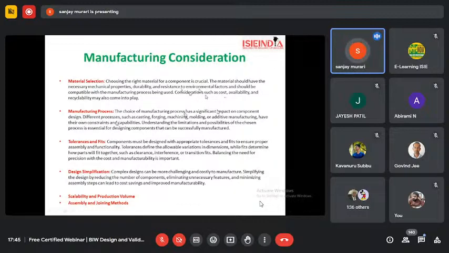Okay, then comes the manufacturing processes. So what materials you are selecting for what parts, those parts have to go through various processes, whether it is possible.